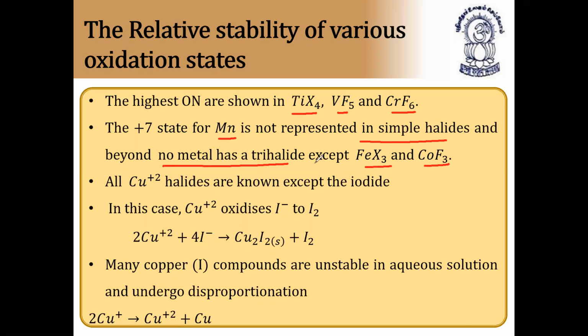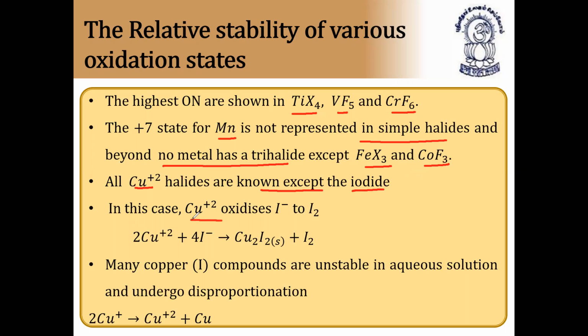So the highest trihalides after iron are only FeCl3, CoF3, and so on. And all Cu+2 halides are known except iodide. Copper iodide is not known, but copper chloride, copper bromide, and copper fluoride are known.